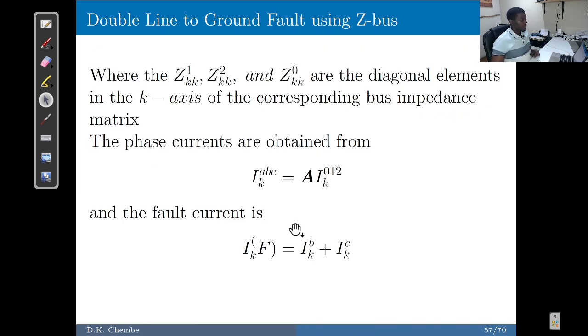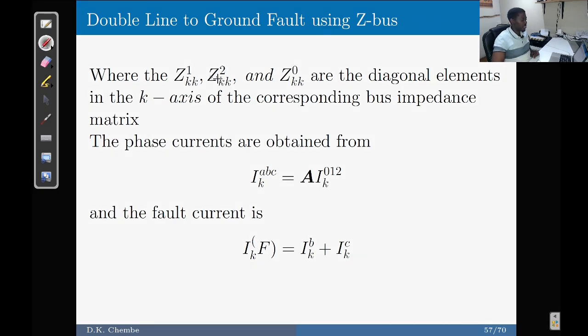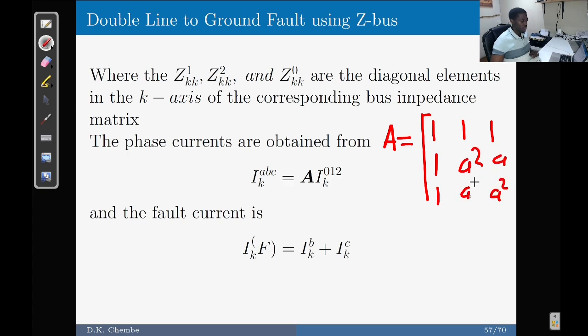And then for us to find the phase currents, we get IKABC to be equal to A. I mentioned already what A is. This is just a transformation matrix, in this case equal to that.